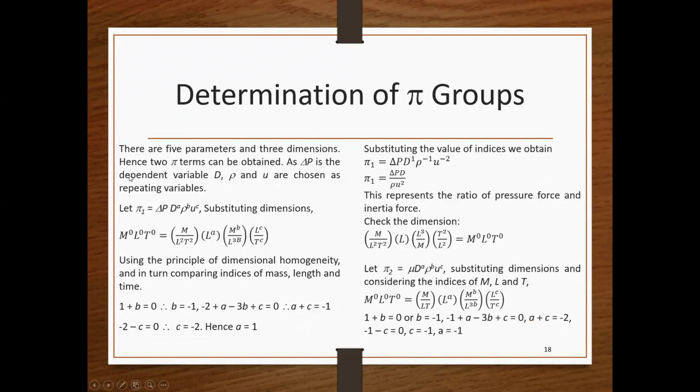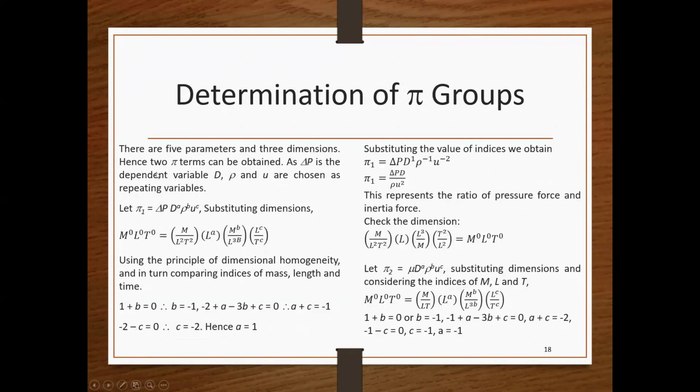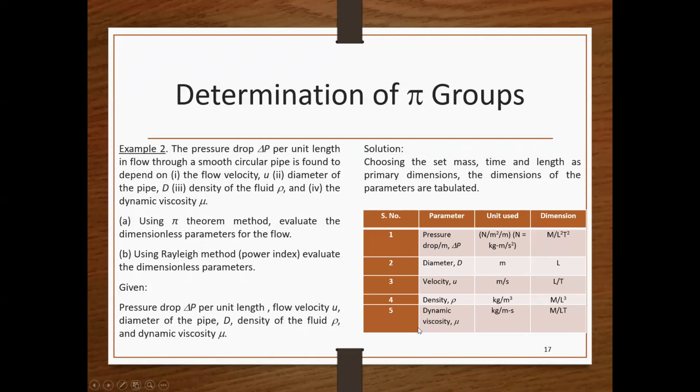So using the Buckingham pi theorem, there are 5 parameters and 3 dimensions: mass, length, and time. The 5 parameters are 1, 2, 3, 4, 5.